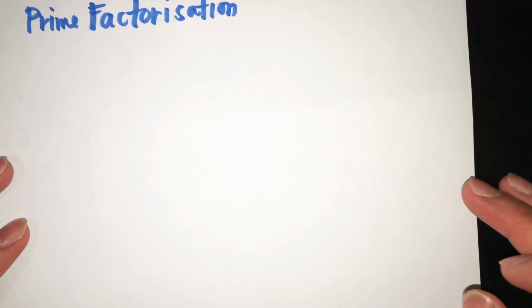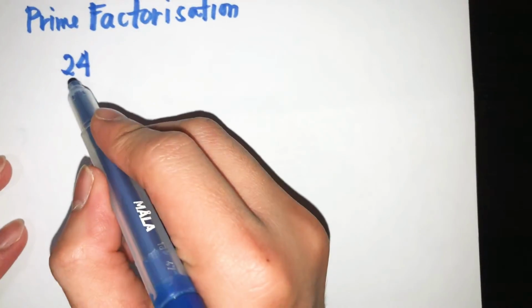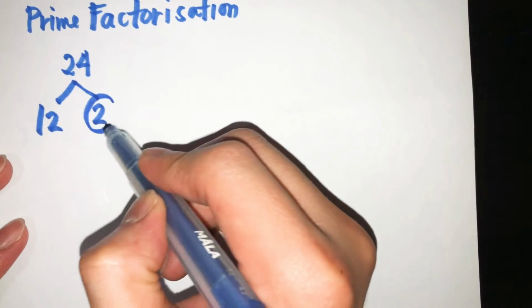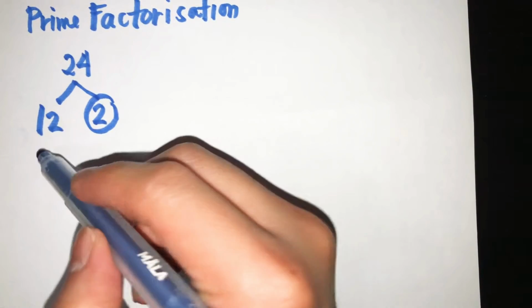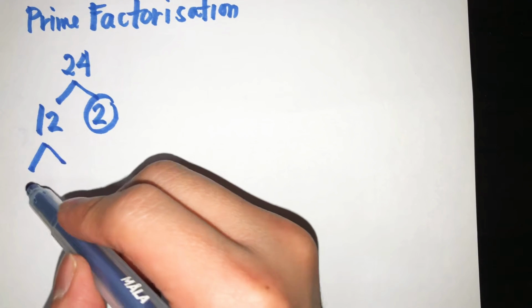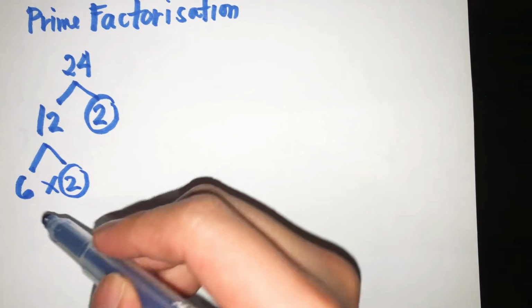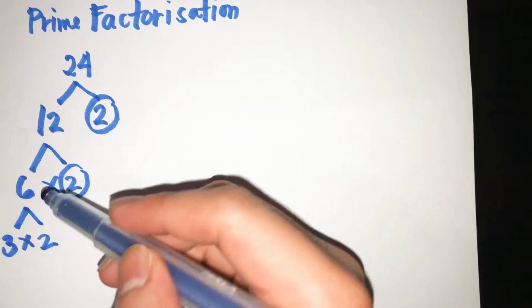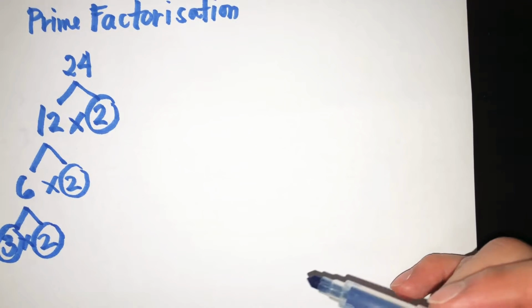So how are we going to do this? First, we need to get the prime factors of both numbers. For 24, we have 12 times 2, and 2 is a prime number. Then we have 6 times 2, and 2 is a prime number. Then we have 3 times 2, and both 3 and 2 are already prime numbers.